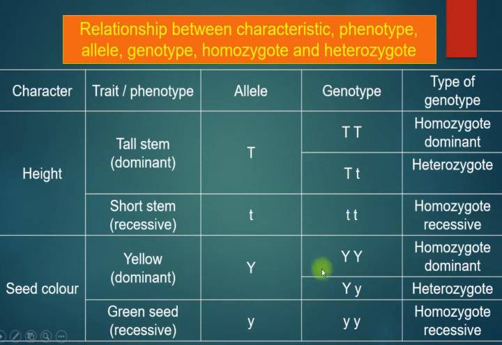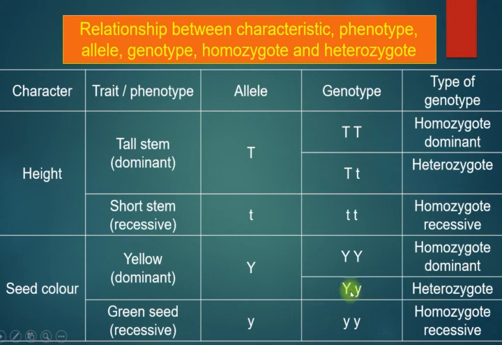And this one is for the seed color. This refers to the yellow seed. There are two different genotypes that represent the yellow seed. First is big Y, big Y, which is homozygote dominant, and then big Y, small y, which is heterozygote.